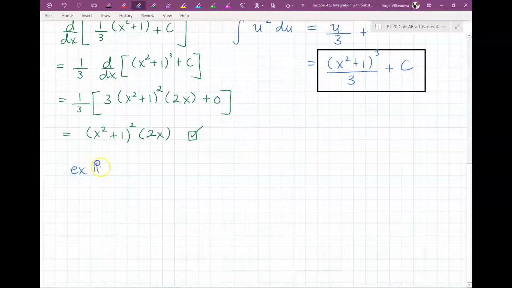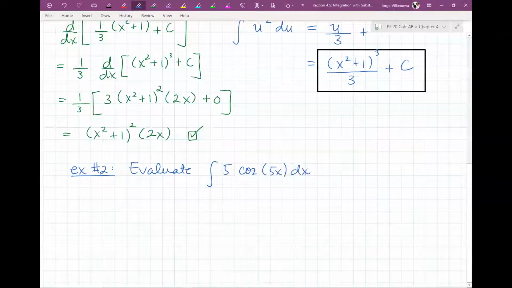Example number 2, we're going to evaluate the integral of 5 cosine of 5x dx. By the way, a rule of thumb, though it doesn't always work, but it works a decent amount of times.